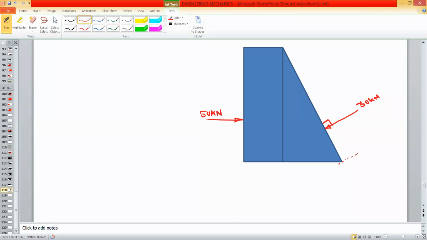Now the distance of this force with respect to this corner point. Let us take this point D. This is point A. This is point B, and this is point C. So this distance is 1.5 meter.